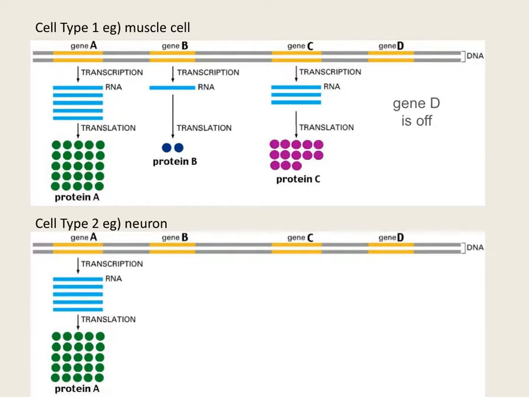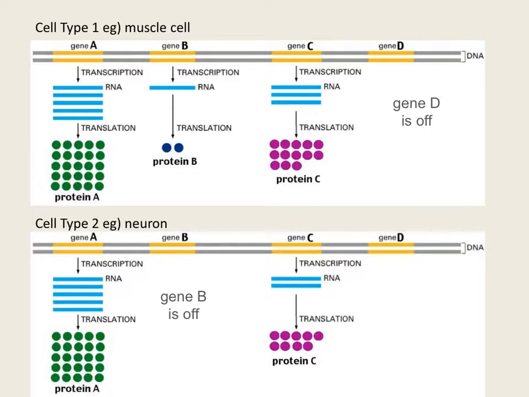For a different cell, you might actually have the same genes turned on, like housekeeping genes. Okay, gene B is turned off. In other words, it's not expressed. C is expressed, but a different amount. D is also expressed, unlike the muscle cell.